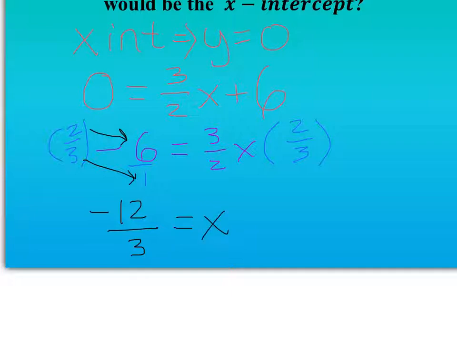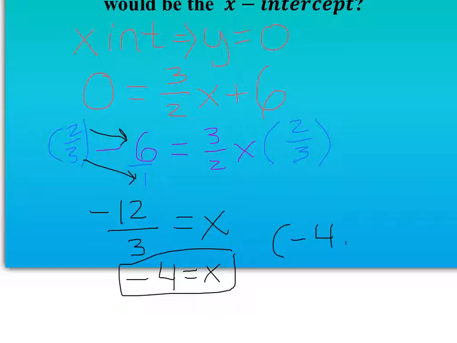So negative 12 over 3 will give me negative 4. Negative 4 equals x. But remember, this is an ordered pair. So your ordered pair is negative 4, 0. This might be where you need to write on a separate sheet of paper. Look at all of this work you got to show for just one problem.